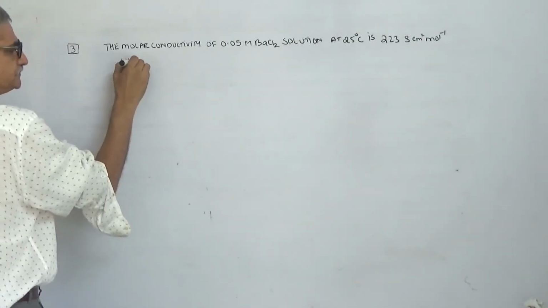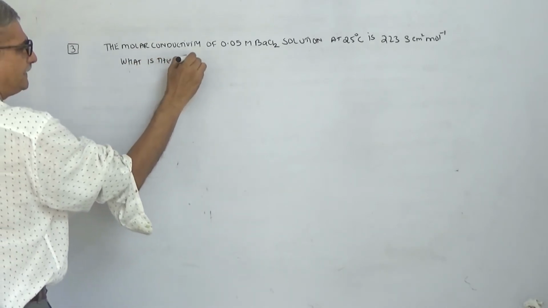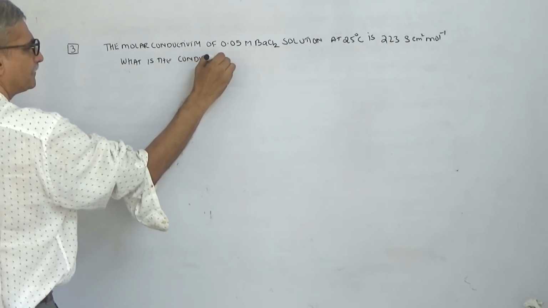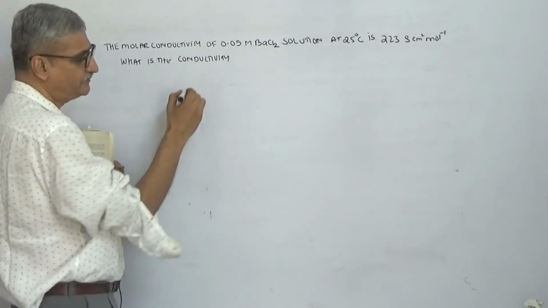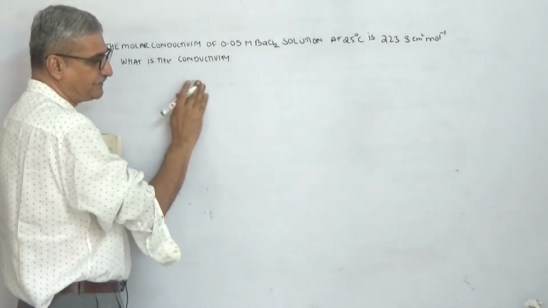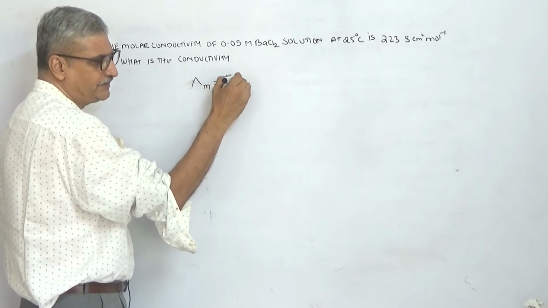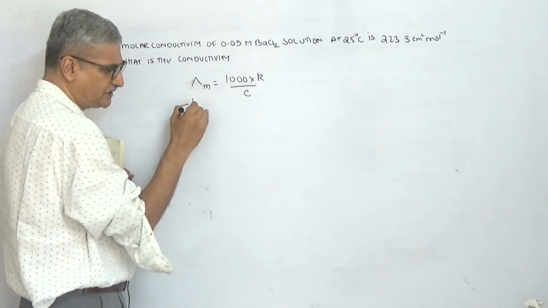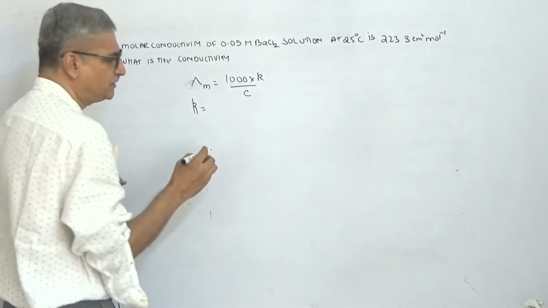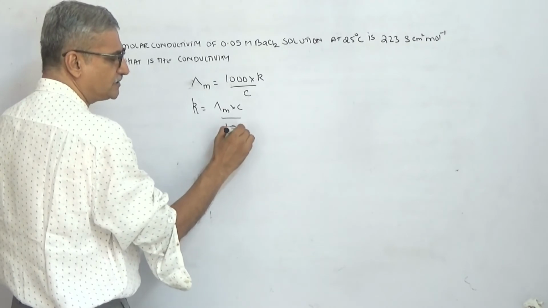What is the conductivity? Simple sum. What is the formula that we have? The molar conductivity, kappa m, not lambda, will be equal to 1000 into K by C. Or in other words, K, the conductivity, will be equal to kappa m into C upon 1000.